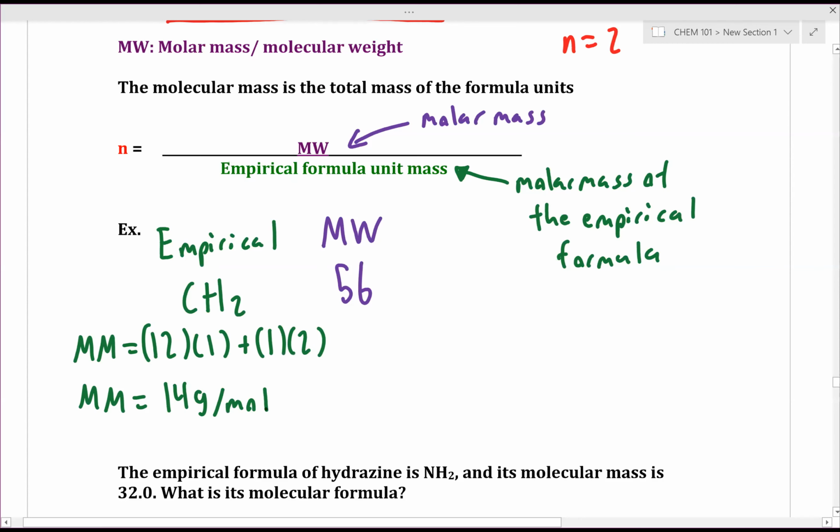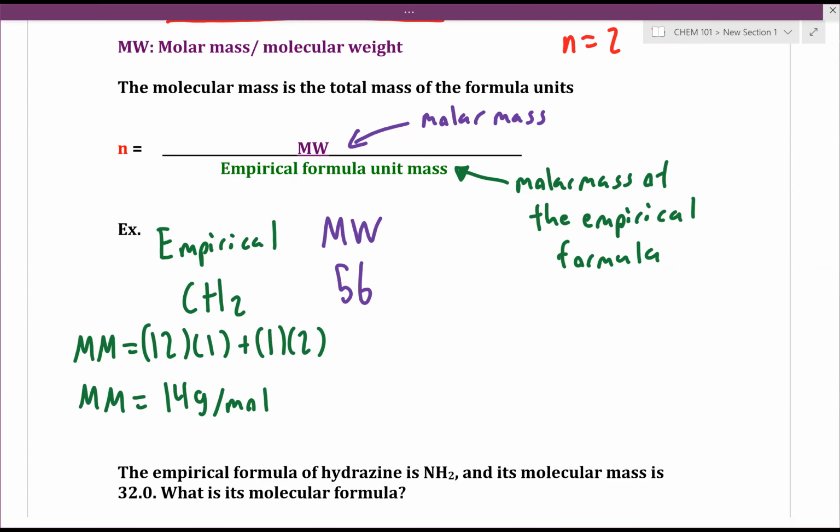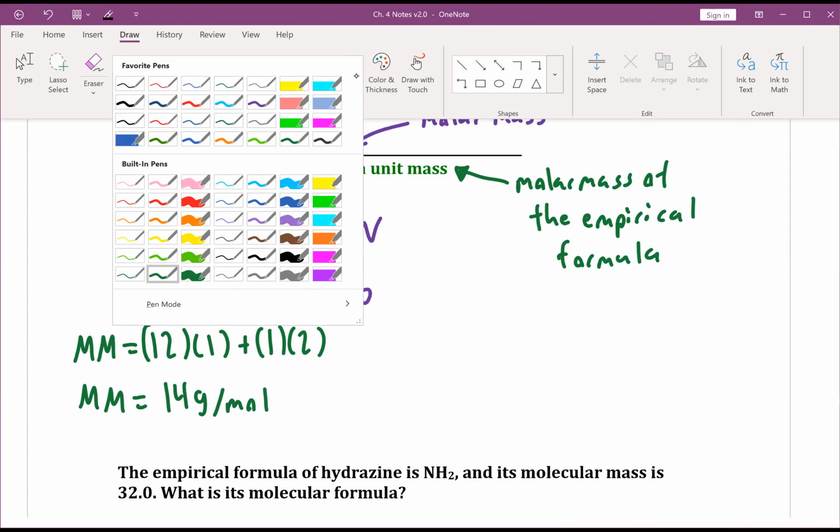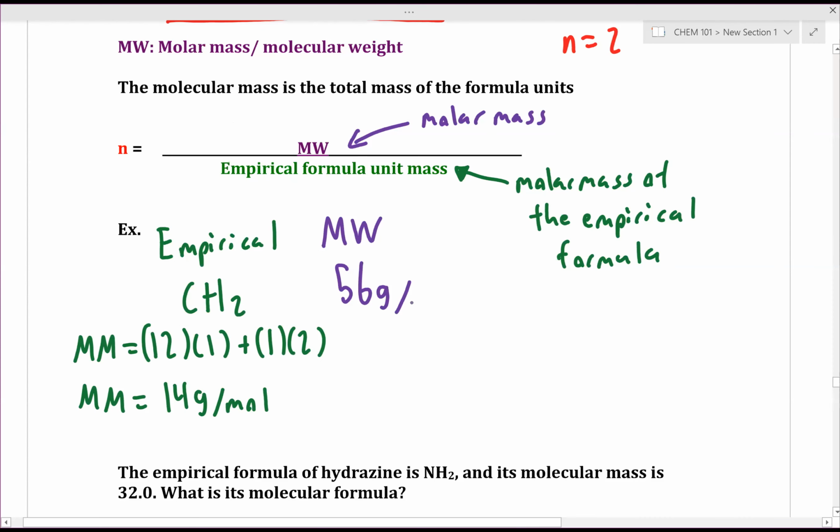Okay, we know that our molecular formula mass is 56 grams per mole. So do we have enough information to calculate N? Yes.